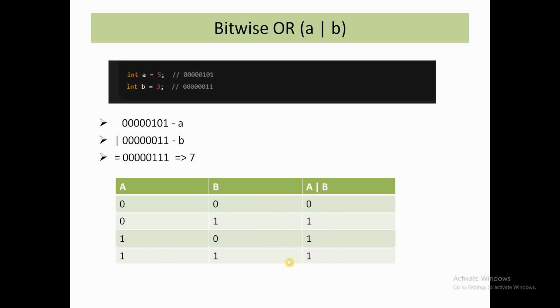So here is the truth table. We have to remember this also if we want to get the final output with bitwise OR. And here we have two binaries, and we have to get the final output from these two binaries: 1 1 means 1, 0 1 means 1, 1 0 means 1, 0 0 means 0.